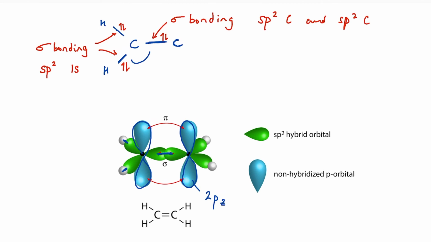So what happens here is that the upper lobes of my 2pz orbital merge or interact or overlap, as do the bottom 2 lobes, to form a pi bond.